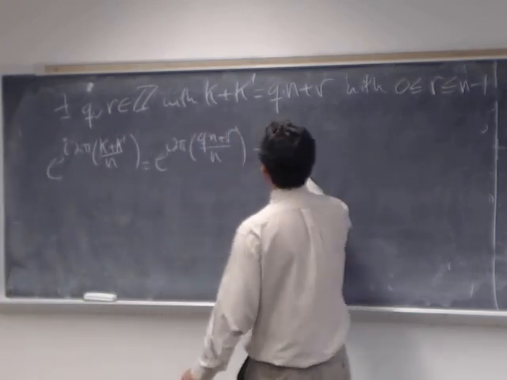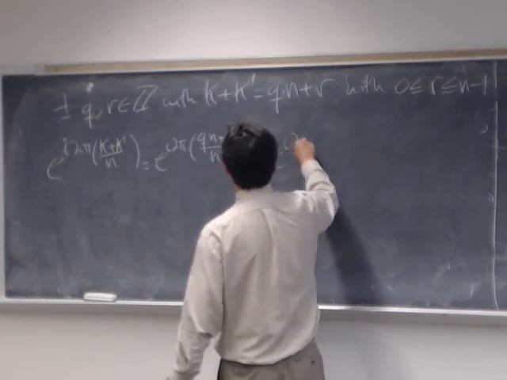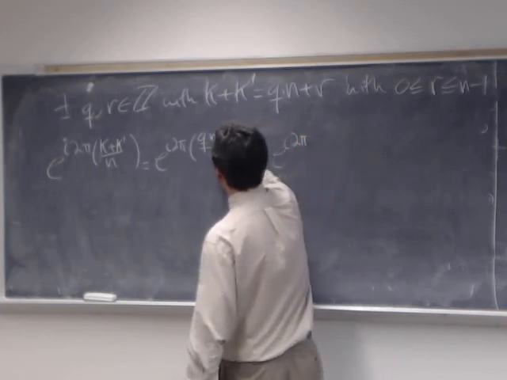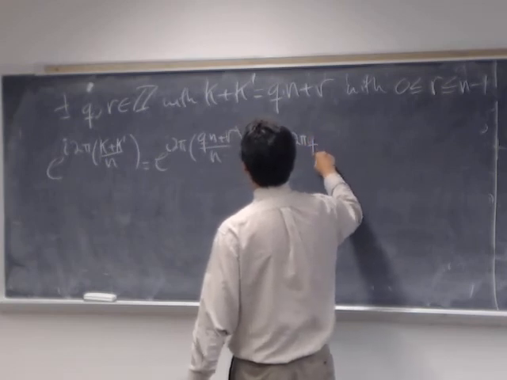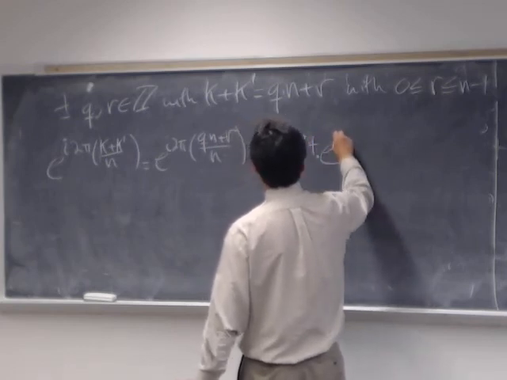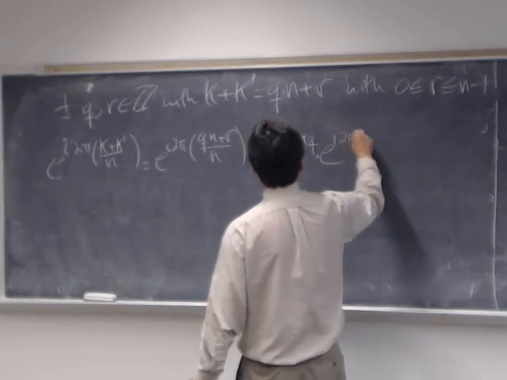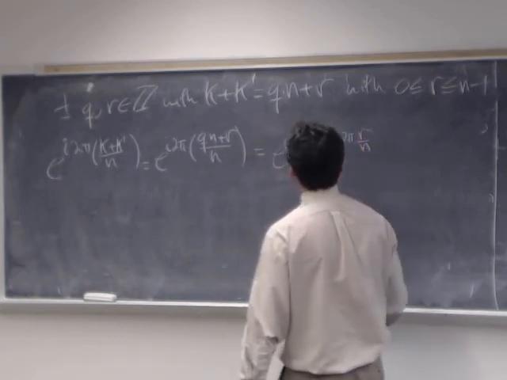But by properties of exponents, that's e to the 2 pi i q, since qn over n cancels to just q, times e to the 2 pi i r over n.